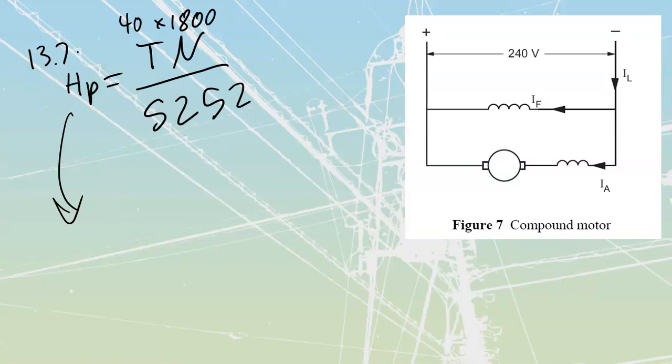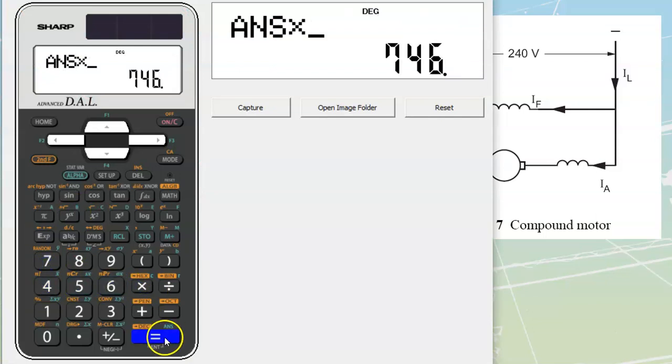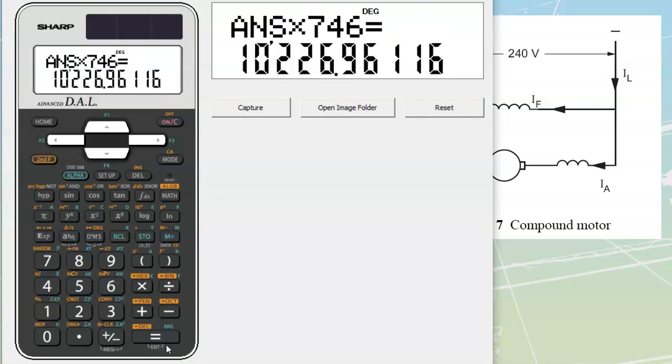Well, I know that every horsepower is equal to 746 watts, so I can take that value, 13.709 horsepower, multiply it by 746, and it's going to get me out to a value of 10,226 watts over here.